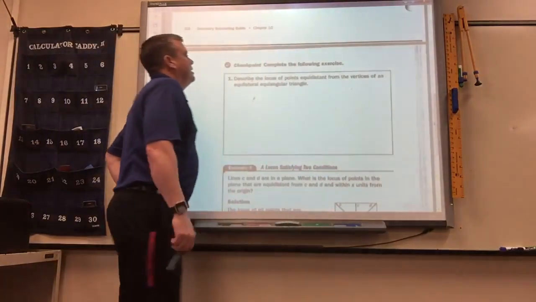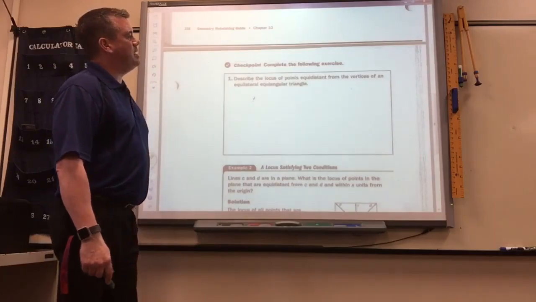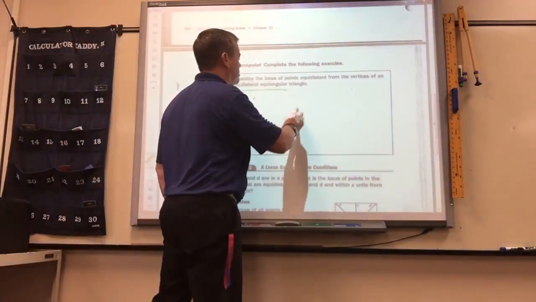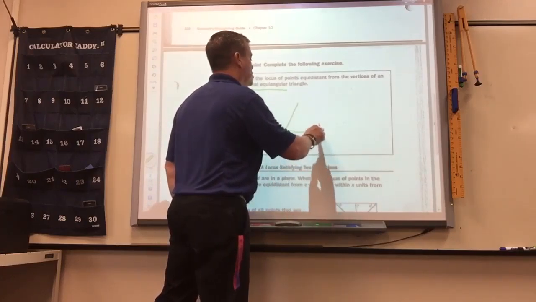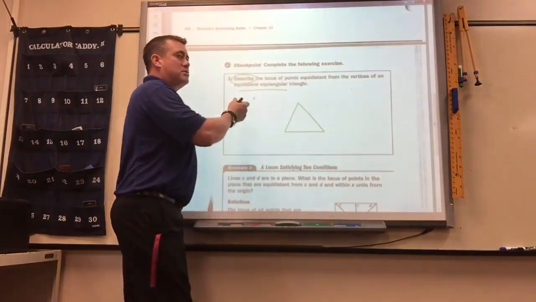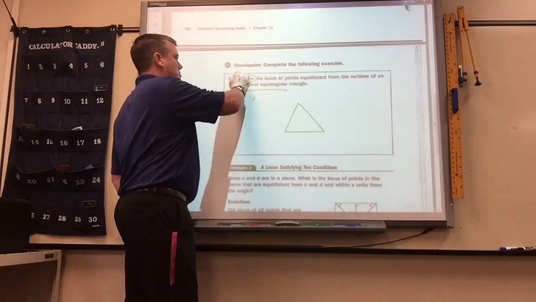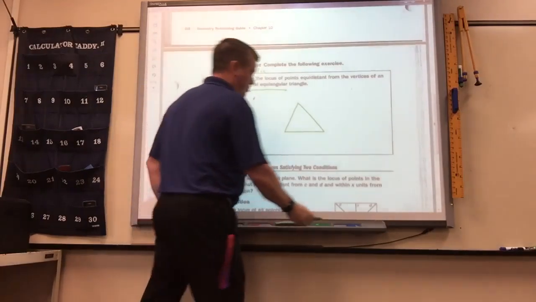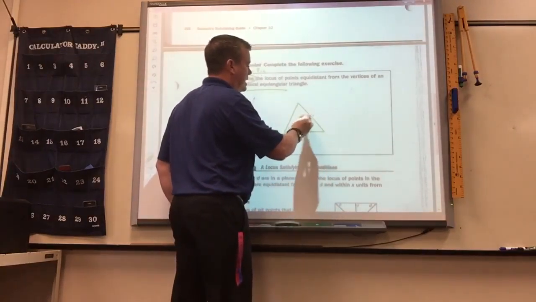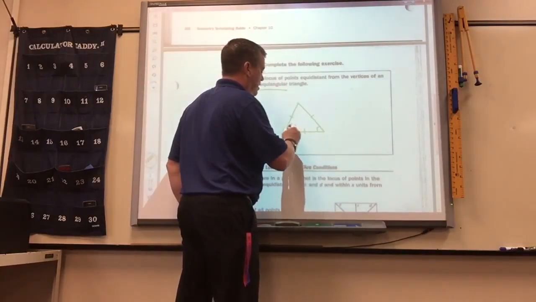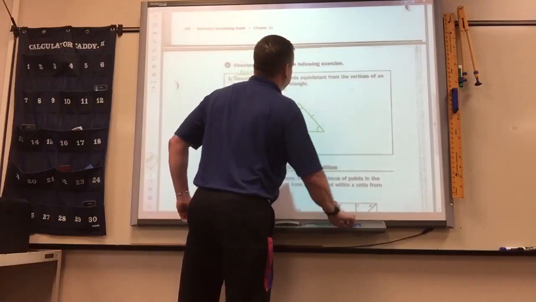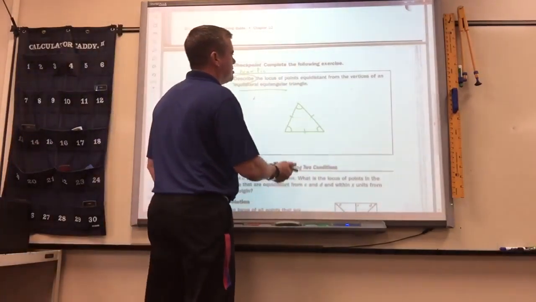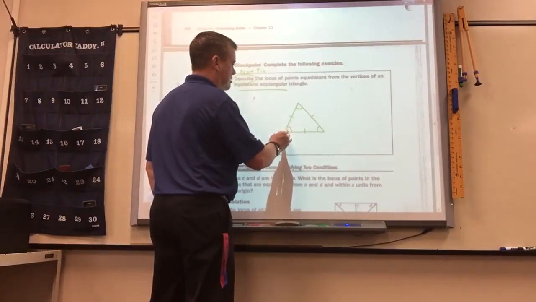Okay, this one. Describe the locus of points equidistant from the vertices of an equilateral, equiangular triangle. So when it says describe, the easiest thing to do is to draw a picture. So here we've got an equilateral, equiangular triangle. We want the points that are equidistant from the vertices.